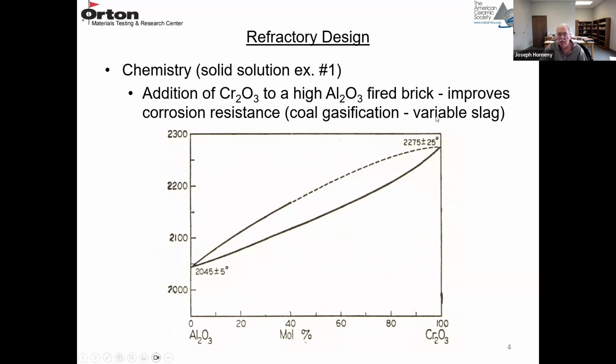In these units, the slag is often variable. It could be acidic or it could be basic. And the addition of Cr2O3 to Al2O3 just improves the corrosion resistance. So this is an example of an atomic substitution changing the chemistry.